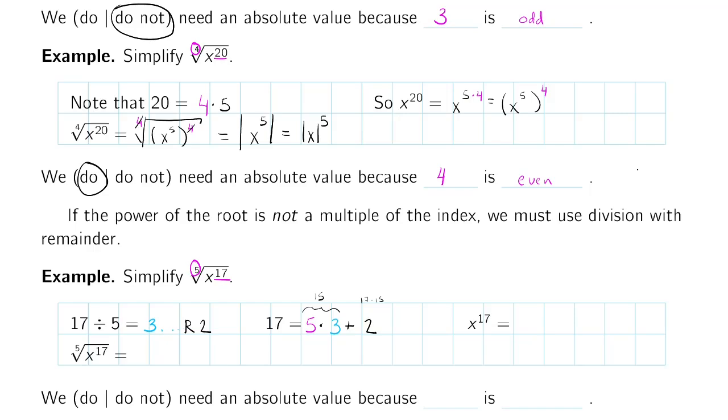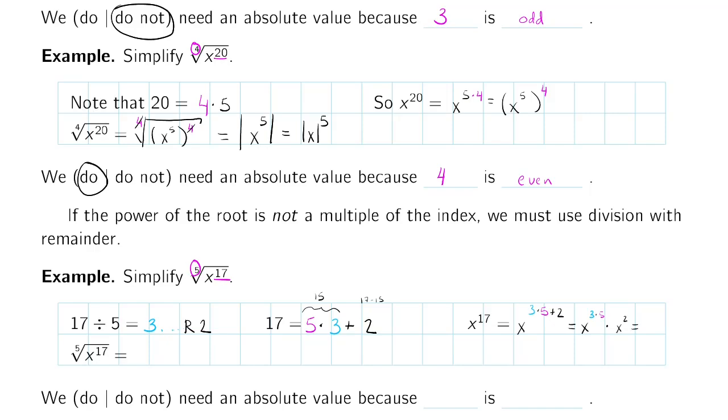Okay, what good does that do us? X to the 17th then is x to the power 3 times 5 plus 2. The product of powers rule says that this is x to the power 3 times 5 times x to the power 2.